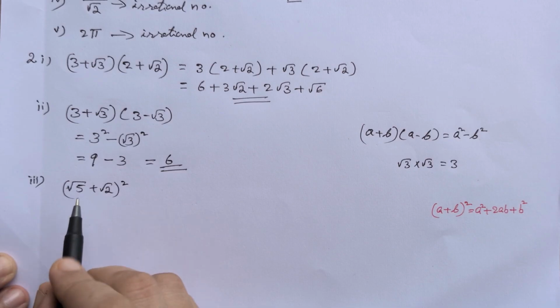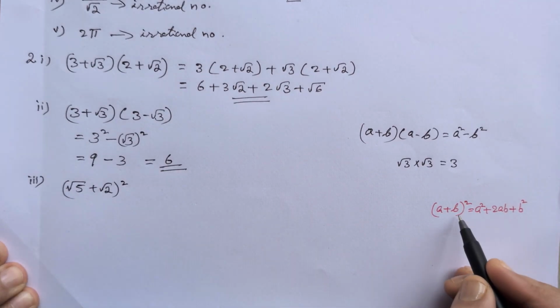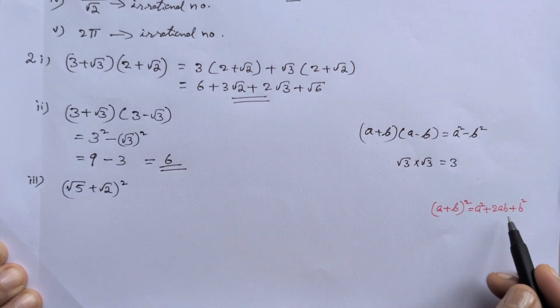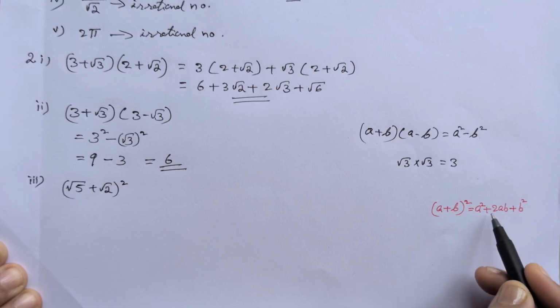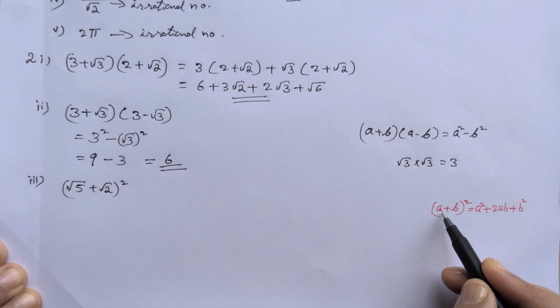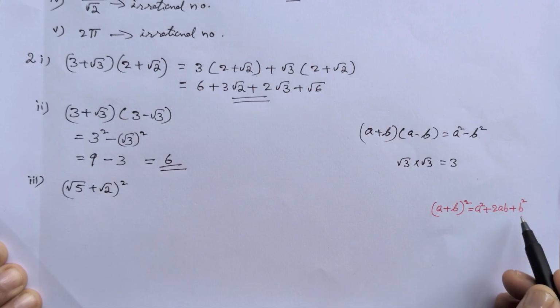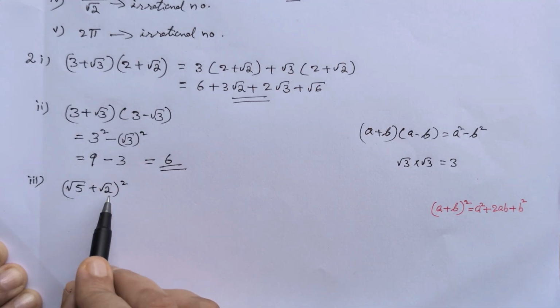Third question, root 5 plus root 2 the whole square. This is of the form a plus b the whole square. a plus b the whole square is equal to a square plus 2ab plus b square. That means first term square plus 2 into first term into second term plus second term square. Here the first term is root 5, second term is root 2.